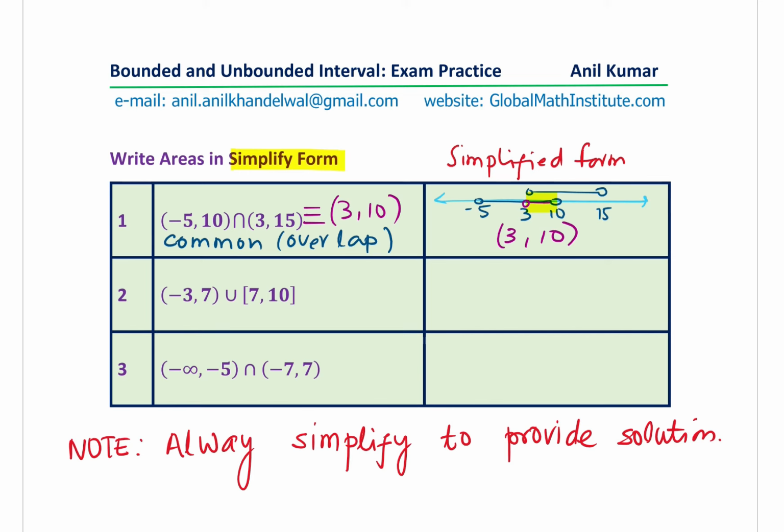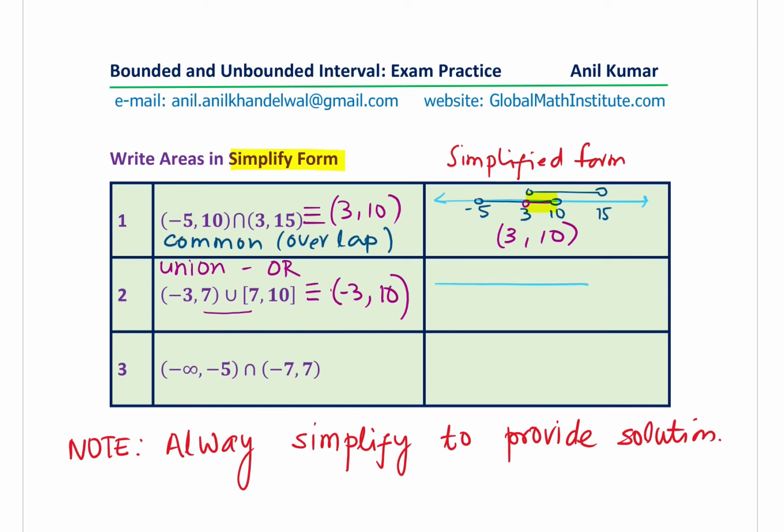Perfect. The next one is -3 to 7 and then from 7 to 10. Now as soon as I write like this, 7, plus we have U. U is for union. It is as good as also saying or. So both will be included. Do you get the idea, right? So here what we get is that we could write this as from -3 everything till 10. So that is what we're trying to say.